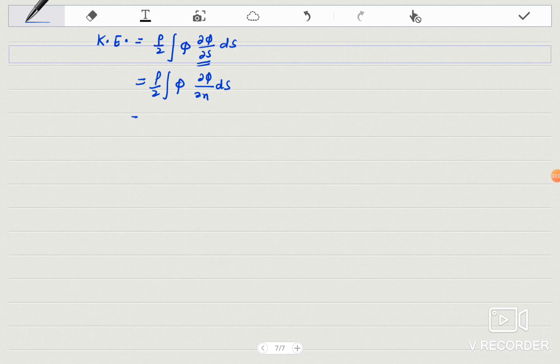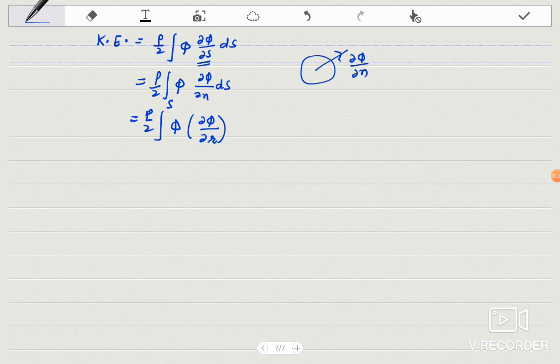So it will be half of rho integral of phi del phi by del r, because what is del phi by del n?